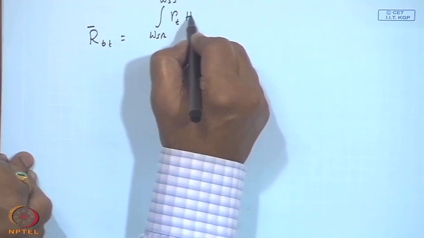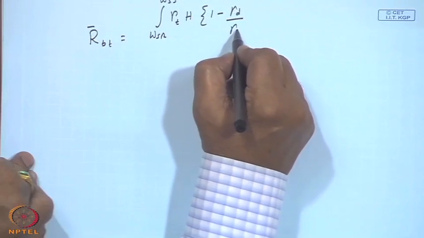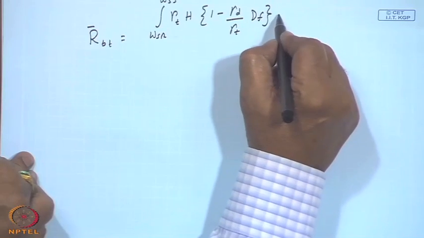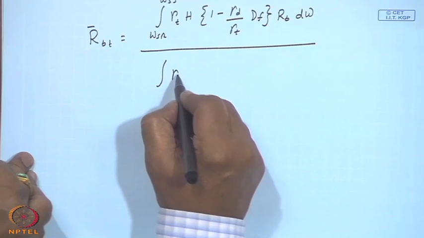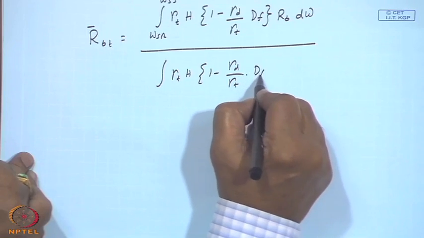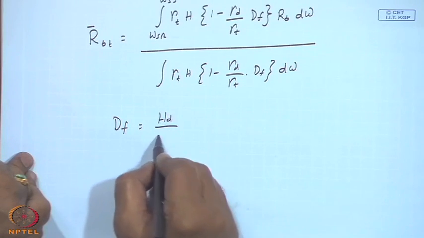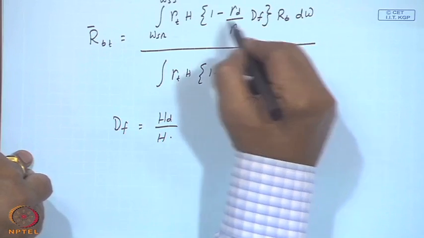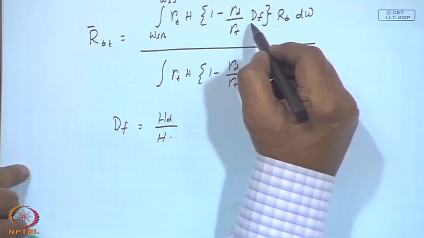I is nothing but r_t into H, and this I_d is r_d by r_t into diffuse fraction df times R_b d omega, where this df is for simplicity H_d by H. r_d is I_d by H_d by I by H into H_d by H. What I will be having is I is r_t into H, if it is taken out, I_d by I, that is what I will be having here.